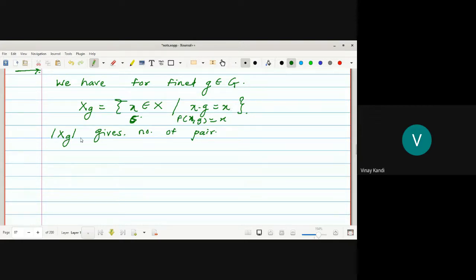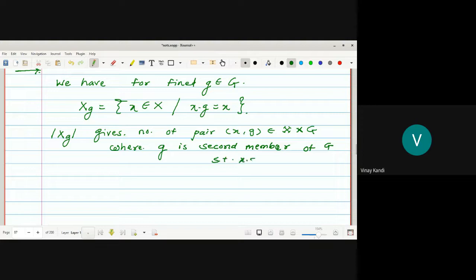That means the order of xg gives me the number of pairs (x, g) belonging to the cross product of capital X and capital G, where small g is the second member of capital G, such that x into g is equal to x.